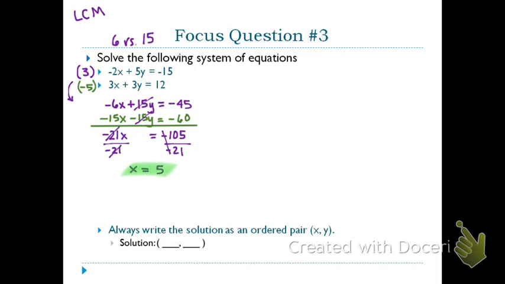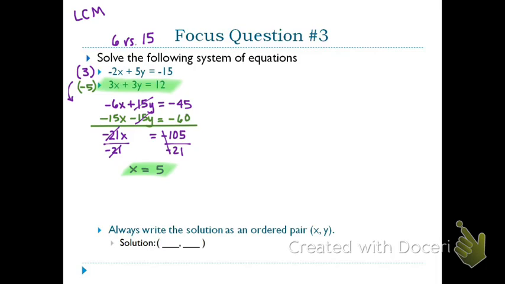Okay, so we found our first coordinate. Now looking back at equation 1, equation 2, I actually like 3x plus 3y equals 12. That looks like one of the best to plug your x back into, since everything's positive.